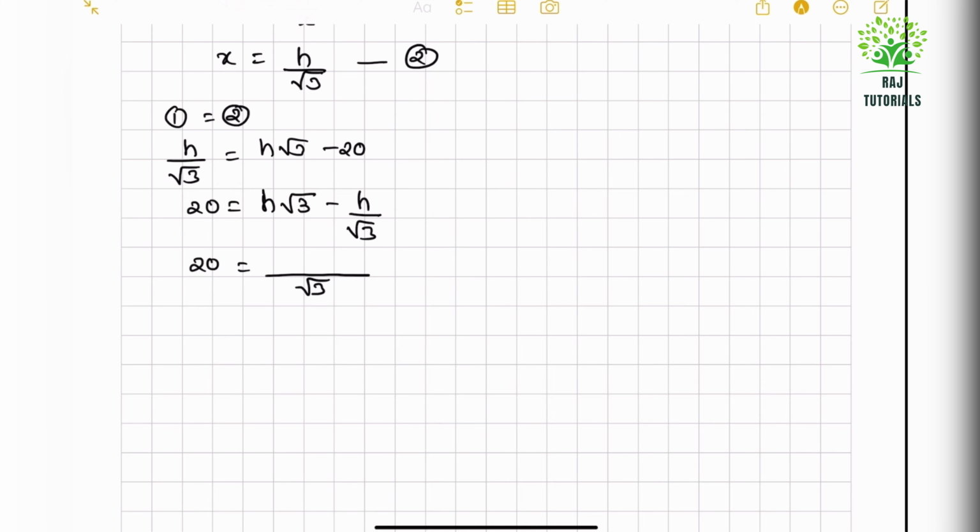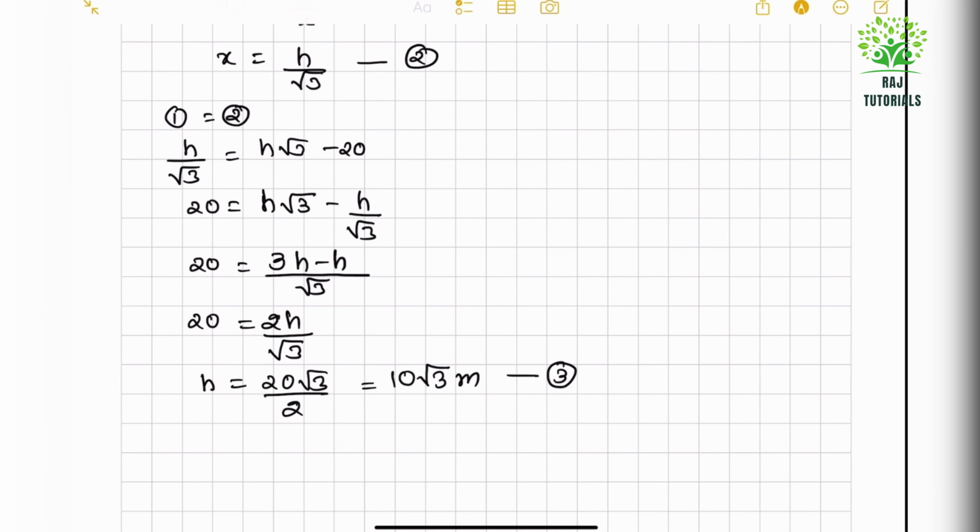So if I bring both the h values on one side and 20 on another side, 20 equal to h root 3 minus h upon root 3. So doing LCM root 3, so 3h minus h equal to 20. So 20 equal to 2h by root 3.